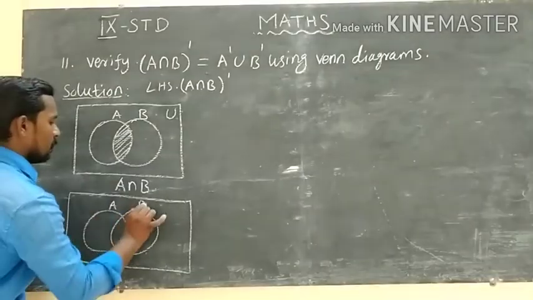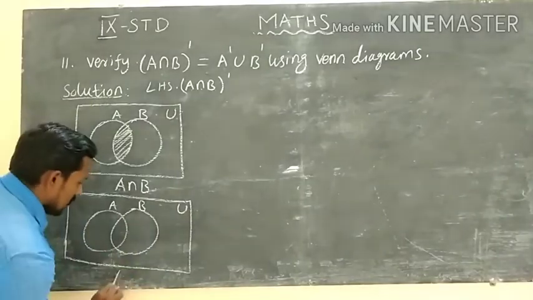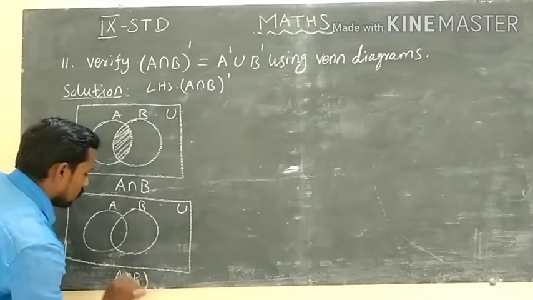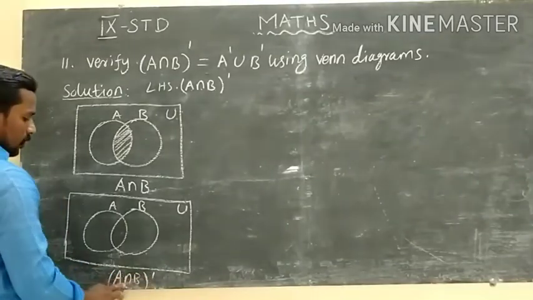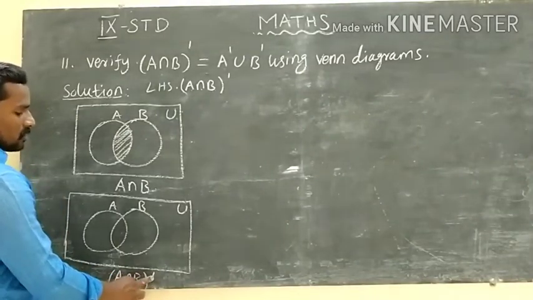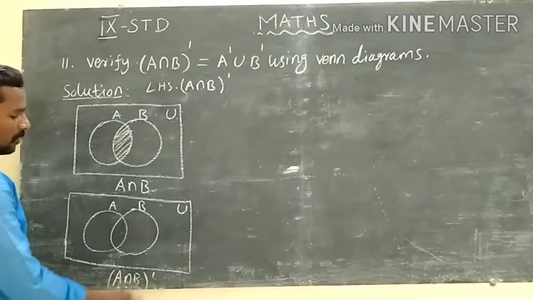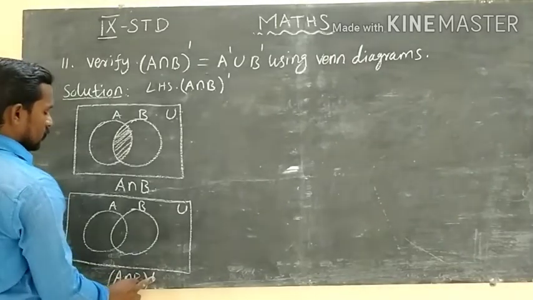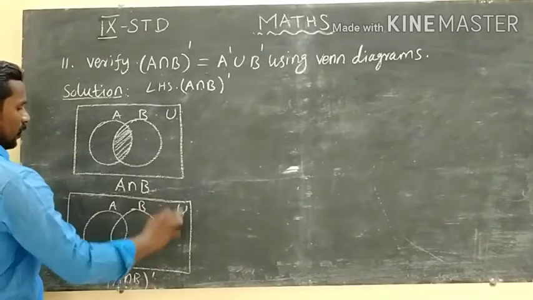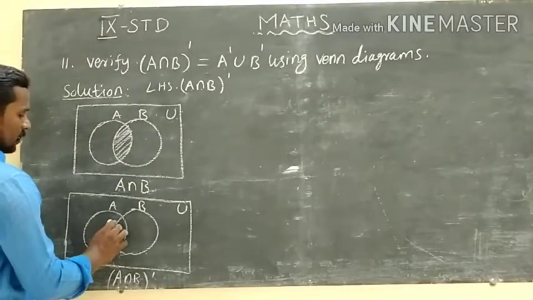Okay, this is A, B, universal set. A intersection B, the whole complement. The whole complement means omit A intersection B from the universal set. This is the full universal set. Omit A intersection B only.